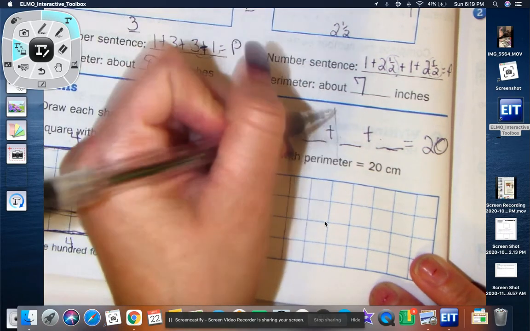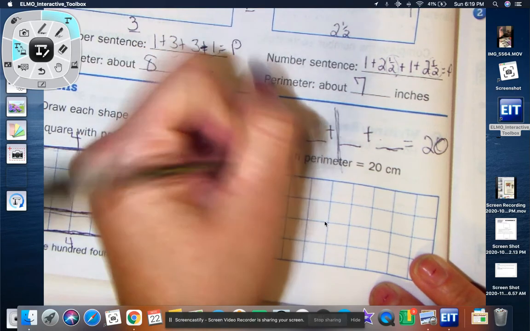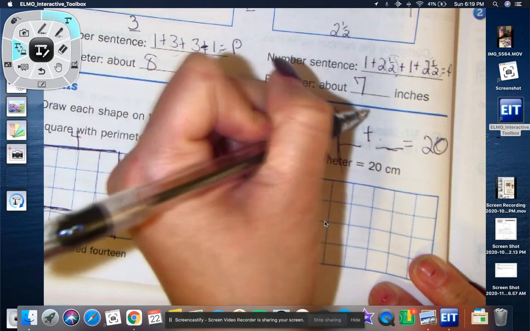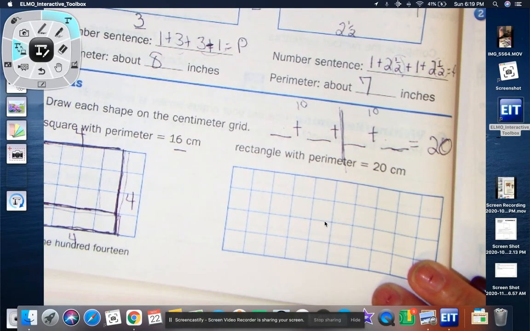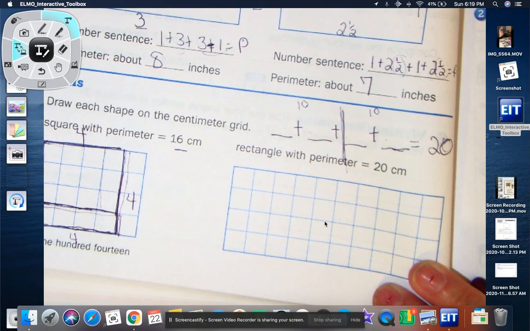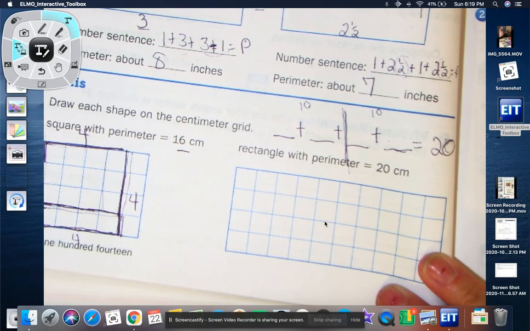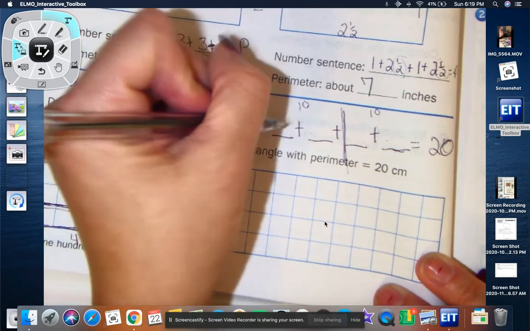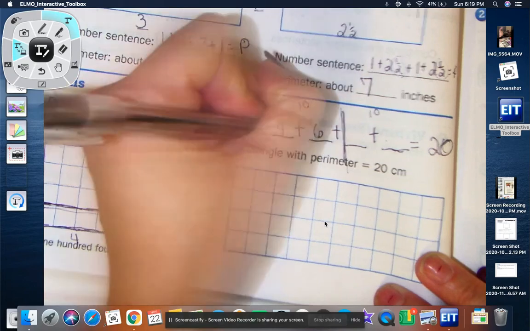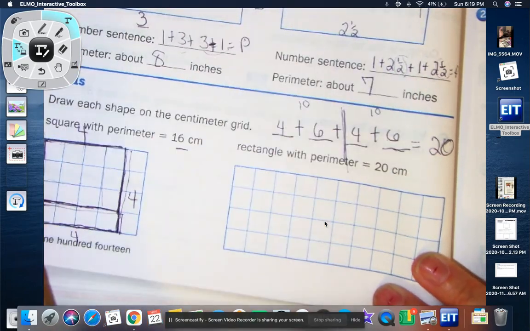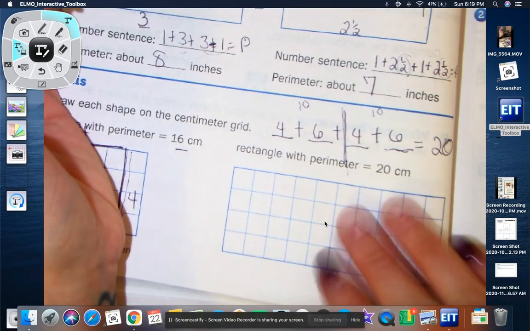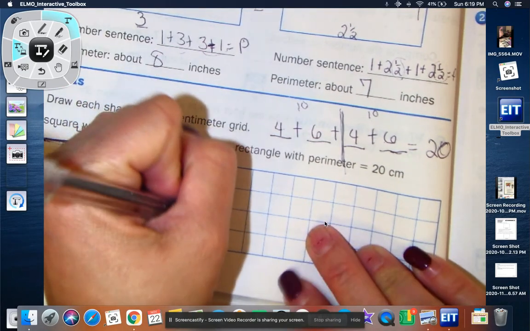So I know if I think about splitting this in the middle, I'm going to have 10 over here and 10 over here. And I want to think about ways to make 10. One way that I could make 10 would be 4 and 6. So I think if I did 4 plus 6, that's 10, and then 4 plus 6, that's another 10 to get 20. So my rectangle is going to be a 4 by 6.